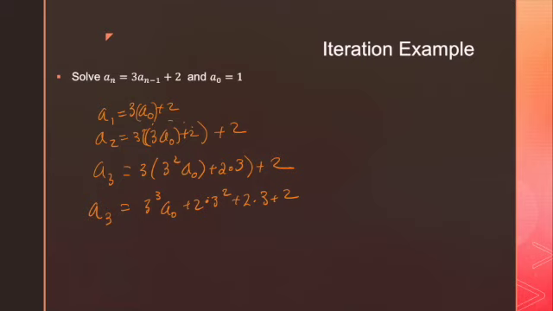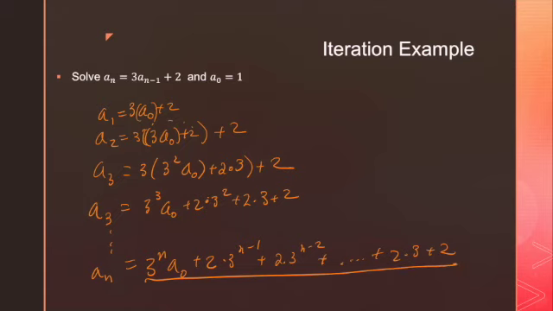So I can go ahead and rewrite this for a sub n. That's going to be 3 to the n a sub 0 plus 2 times 3 to the n minus 1 plus 2 times 3 to the n minus 2 plus ... all the way to 2 times 3 plus 2. I can simplify all of this by combining like terms.